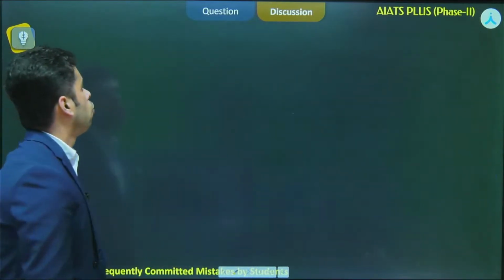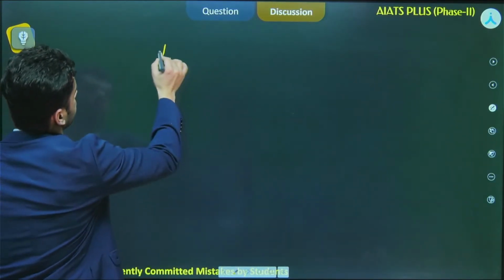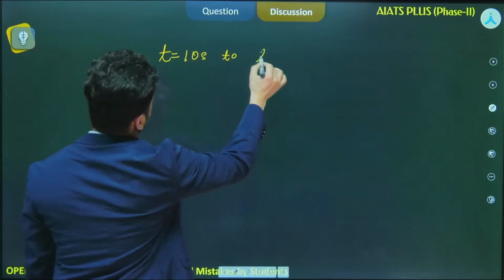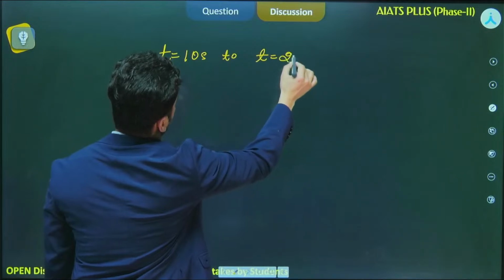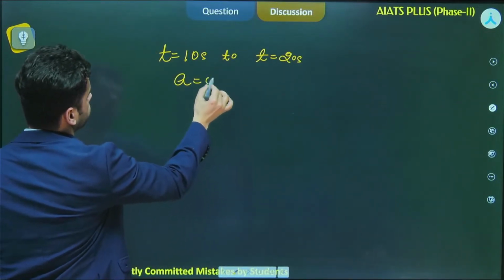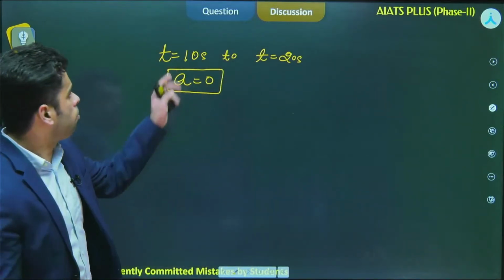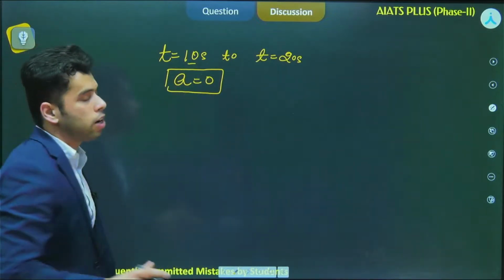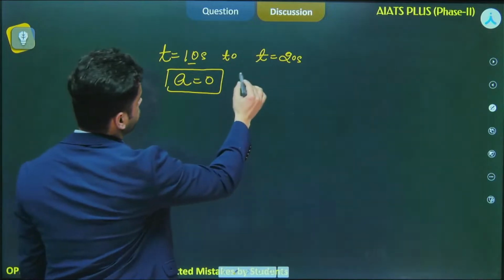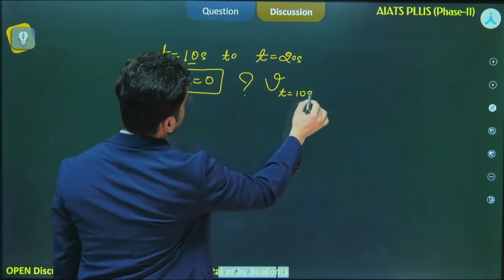Now, for the next 10 seconds, from t equal to 10 seconds to t equal to 20 seconds, in this time interval the acceleration of the body is 0. So whatever is the velocity of the body at t equal to 10 seconds, the body will continue moving with that velocity only. So the problem reduces to what should be the velocity at t equal to 10 seconds.